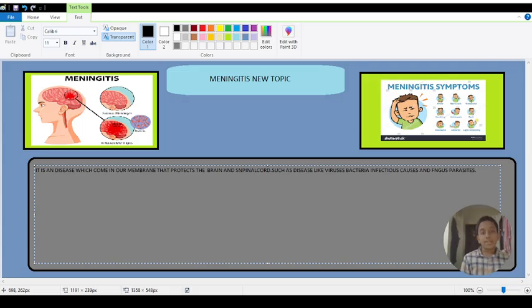These are the bacteria, viruses, etc., which cause meningitis in our membranes. Diseases like bacteria, virus, infectious causes, fungus and parasite.